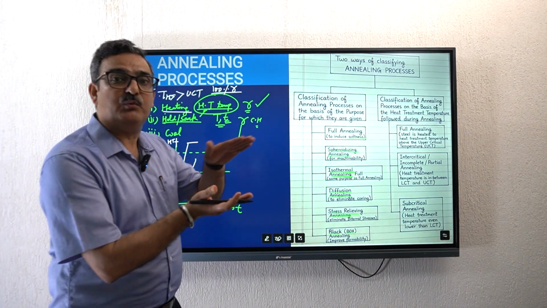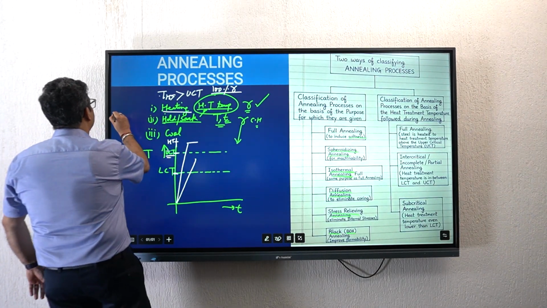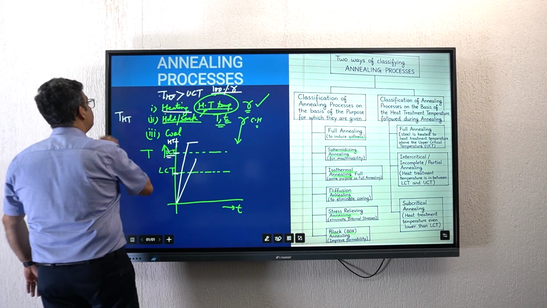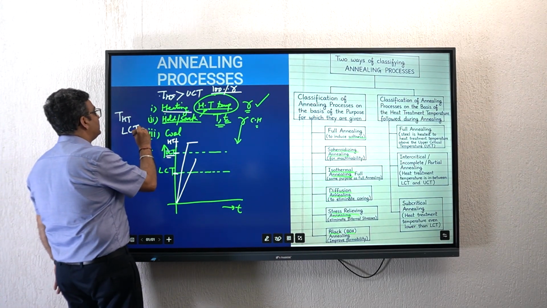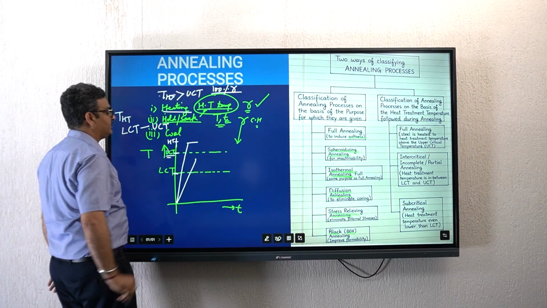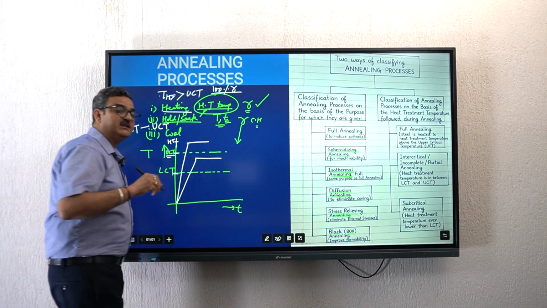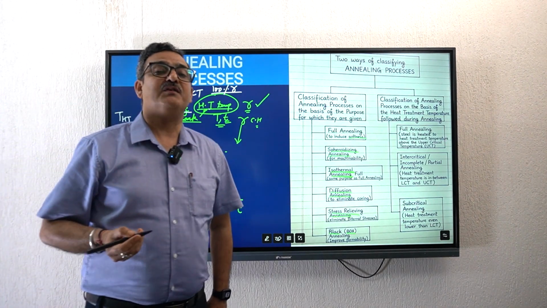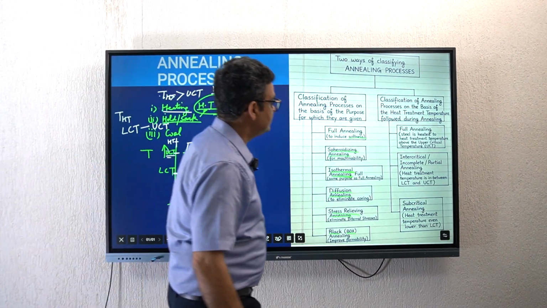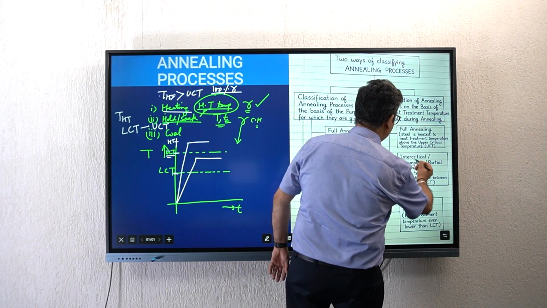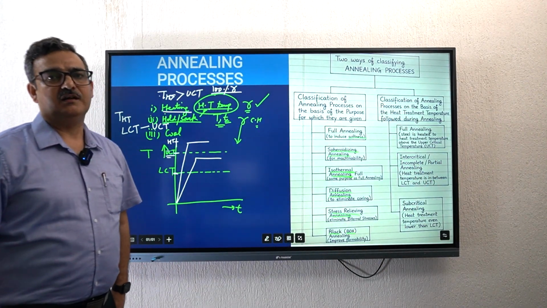Means you are in between the lower and the upper critical temperature. So when the heat treatment temperature during annealing is in between the lower critical temperature and the upper critical temperature of the steel, students, the steel is being subjected to an annealing treatment which would be called incomplete annealing, intercritical annealing. So here, intercritical annealing, incomplete annealing, or partial annealing.